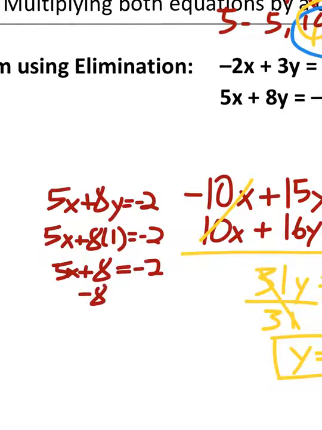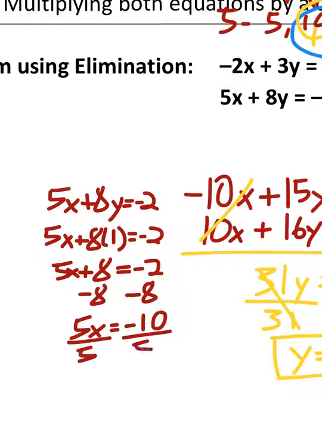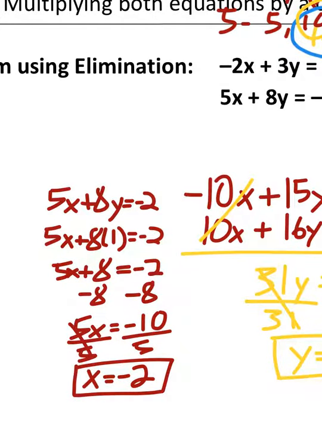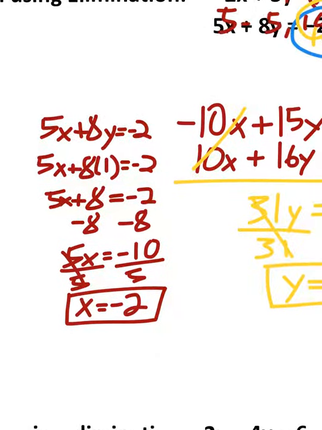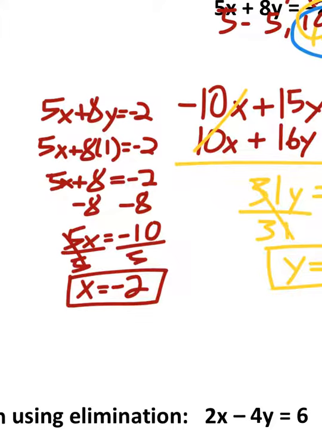Subtract 8 from the left, subtract 8 from the right. I get 5x equals negative 10. Divide both sides by 5. And I get x equals negative 2. So my ordered pair for this system is (negative 2, 1).